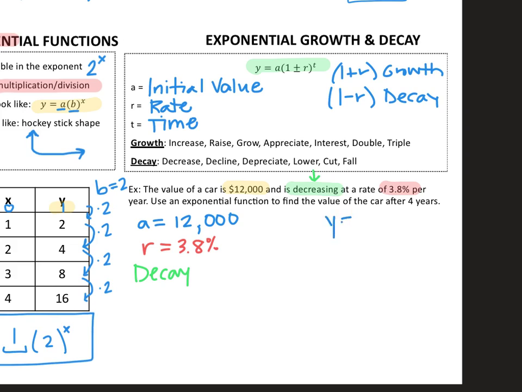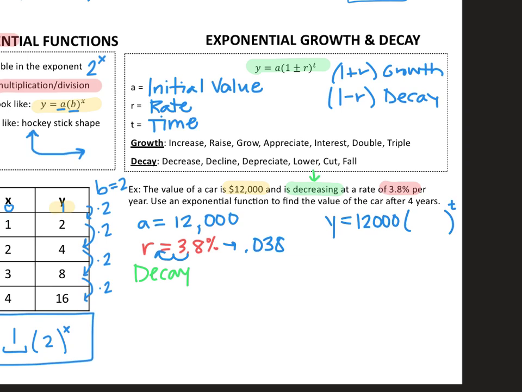So we know it's going to be y is equal to our initial value, and then we need to figure out what our factor is, and we're going to raise that to the t. So we're going to use this rate here, but we can't put percent into our equation. We need to change that to a decimal. So you go left 2 spots, so 0.038.